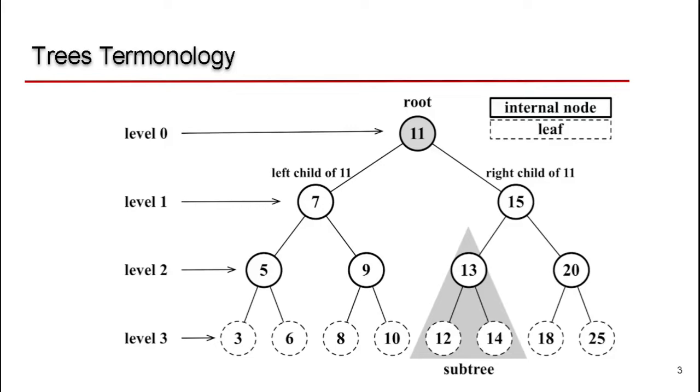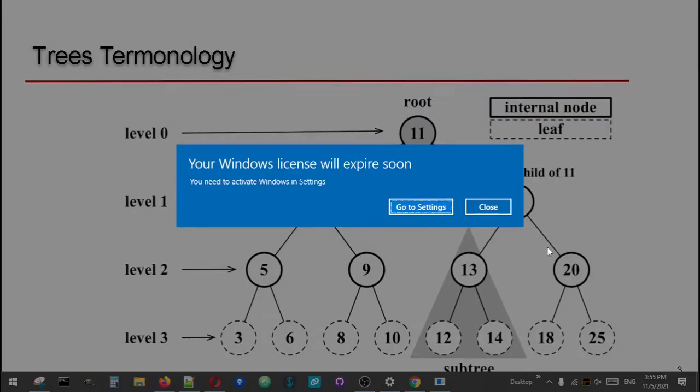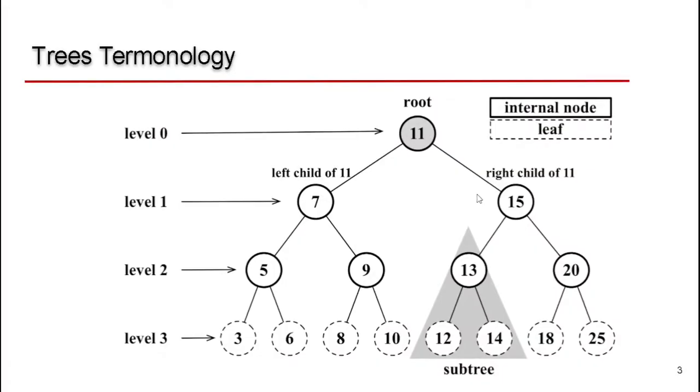So this one in dashed outline, all of them are nodes. And the nodes which are not leaves are internal nodes or internodes. So you have three types of nodes: root, leaf, and internode.